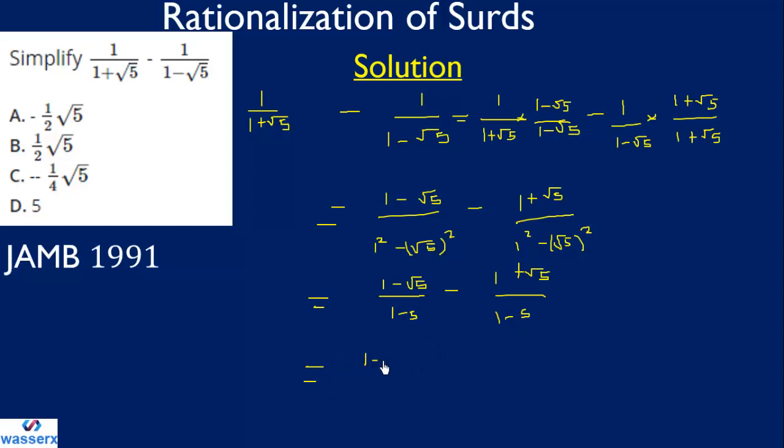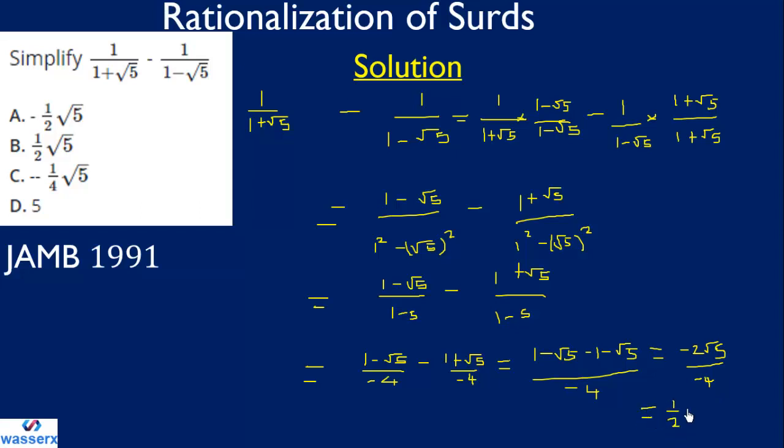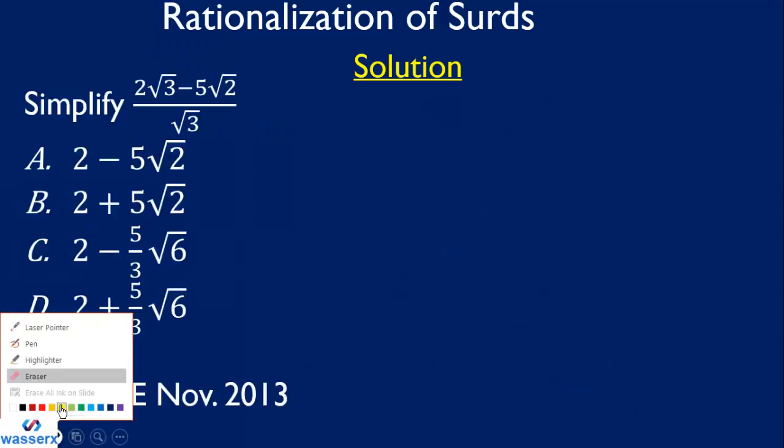So we obtain 1 minus root 5 all over negative 4, minus 1 plus root 5 all over negative 4. So this will be equal to 1 minus root 5 minus 1 minus root 5 all over negative 4. So this simplifies to negative 2 root 5 all over negative 4. And this will give us root 5 over 2.